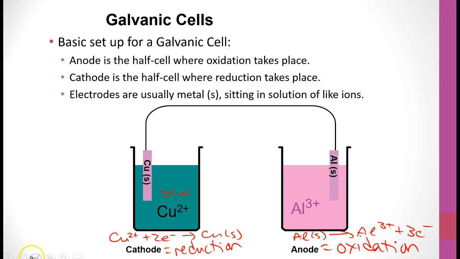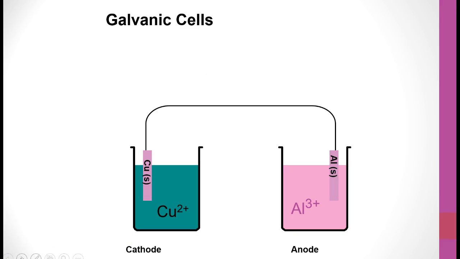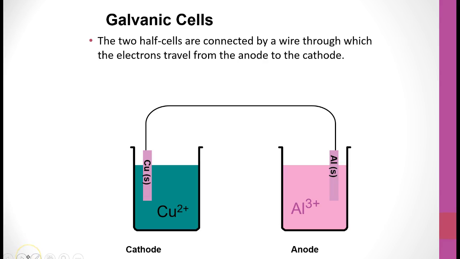What happens is the electrons travel through the wires that connect them, and that's how you get a battery. As the electrons travel, they always travel from the anode to the cathode, A to C, because the anode is oxidized and is losing electrons.